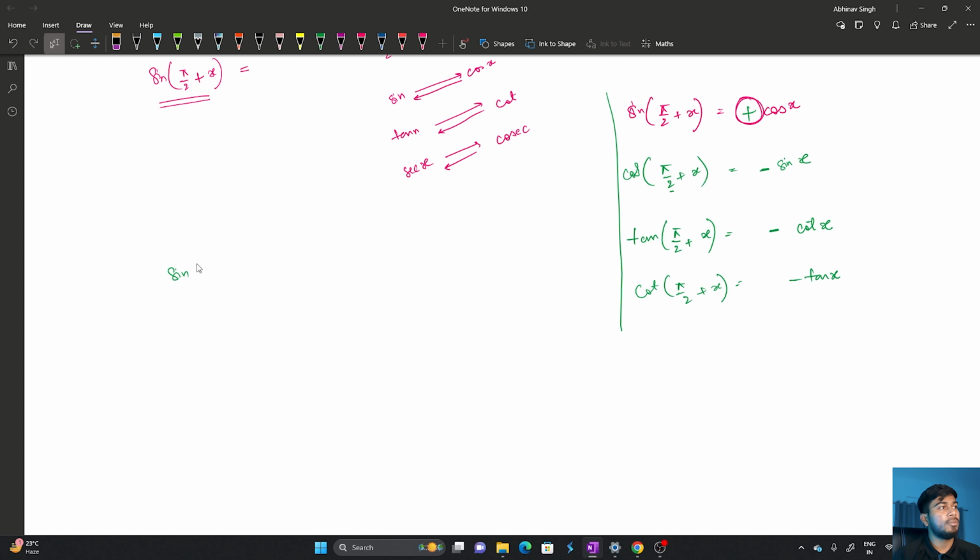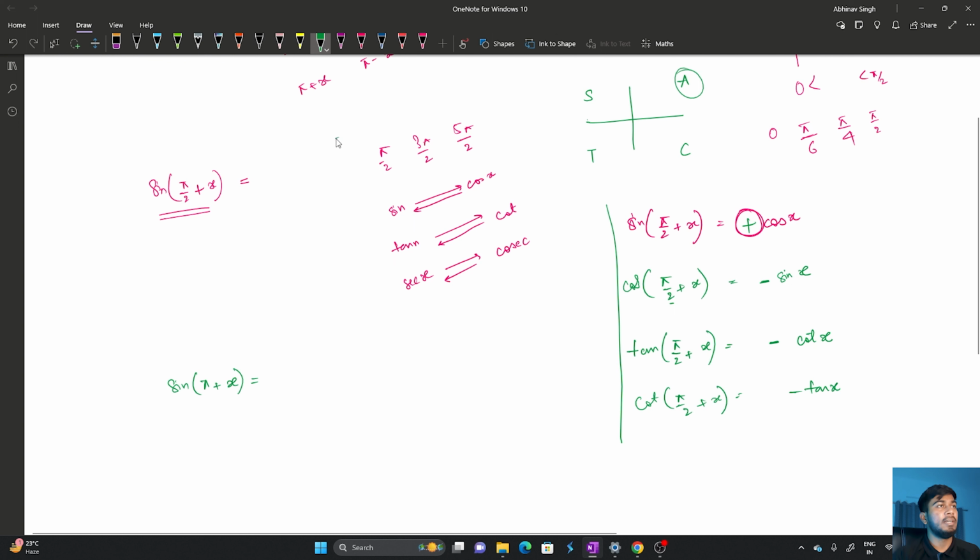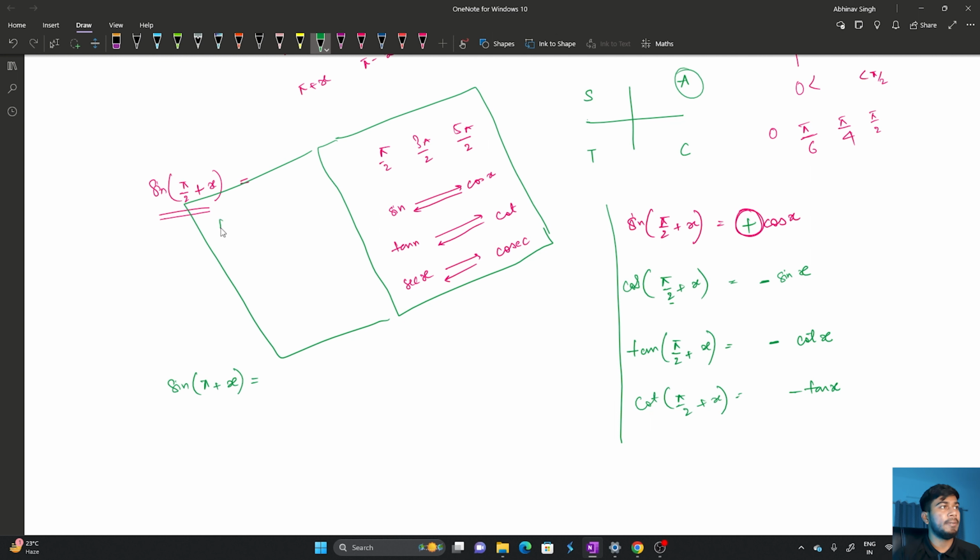So let's say you find the value of sine pi plus x. As I mentioned here, when it is pi by 2 plus minus something, you have to change the function. And if it is pi, 2 pi, 3 pi, a multiple of pi, the function will be the same. If it is sine of pi plus x, it will again be sine.